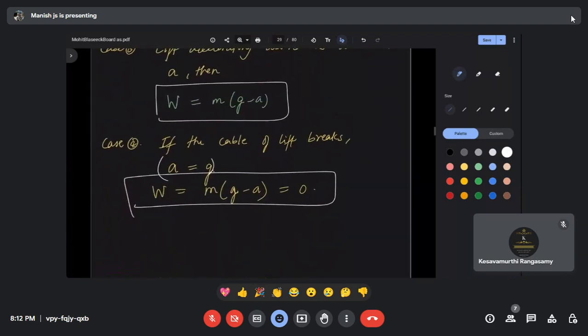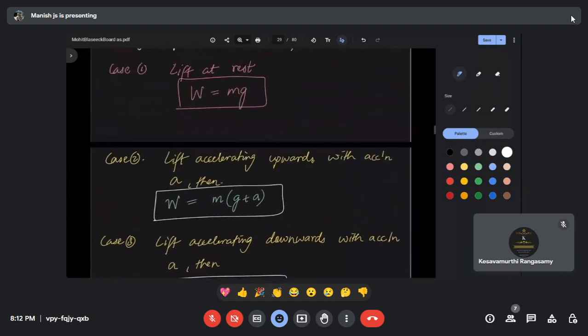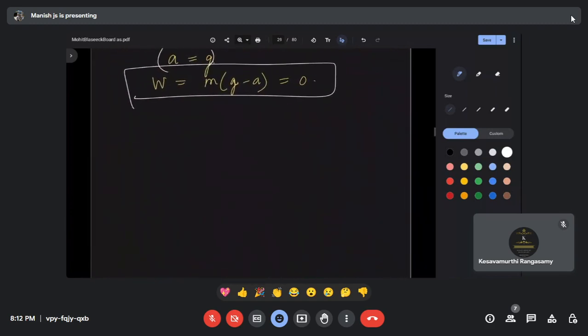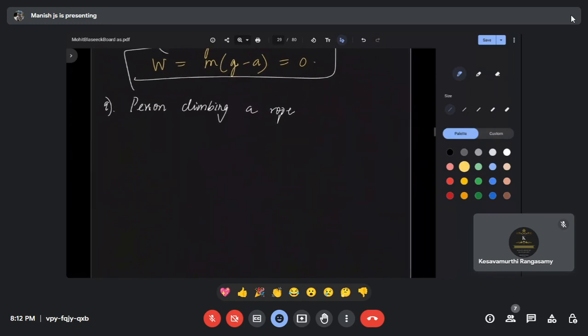Okay, and now we are moving on to the next concept, a person climbing a rope. If a person is climbing a rope, then what happens? Then what is going to be the tension in the rope? Say we have a rope tied to the roof like this, and a person is climbing this rope.